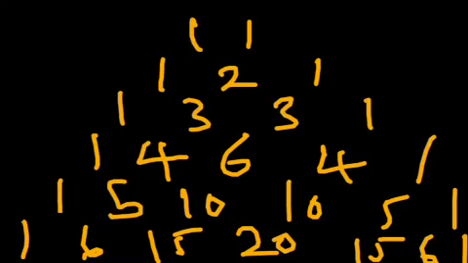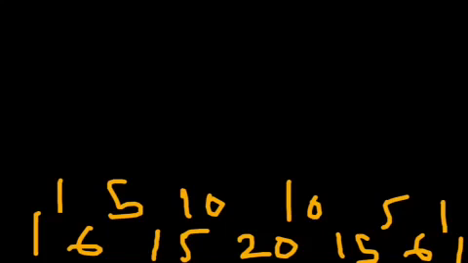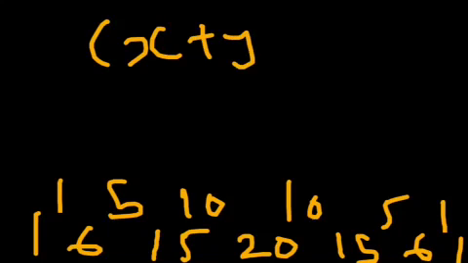So this gives us the coefficients we have in our binomial theorem. For example, if we're asked to do x plus y to the power of 5, these are the coefficients.